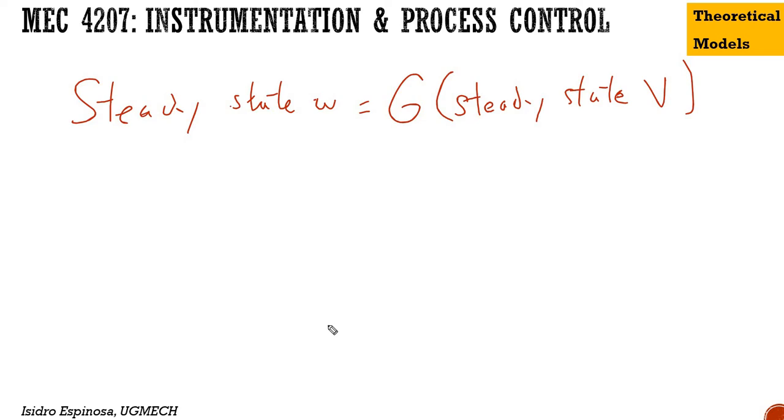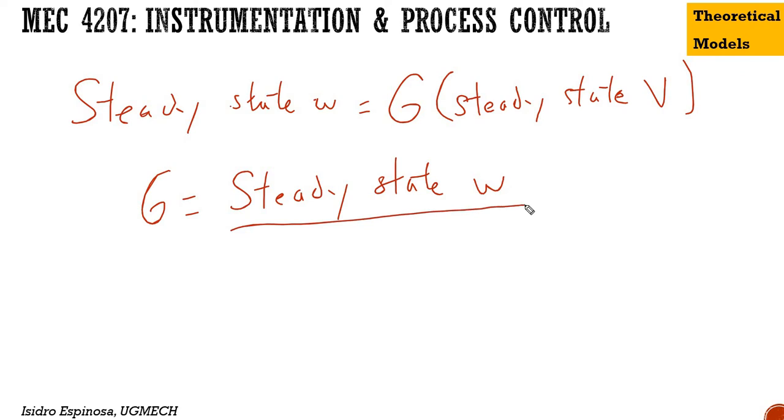If we rewrite that again, G is equal to the steady state value of the rotation W over the steady state value of the voltage.